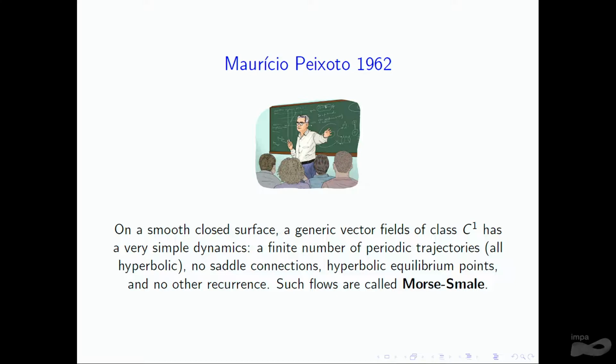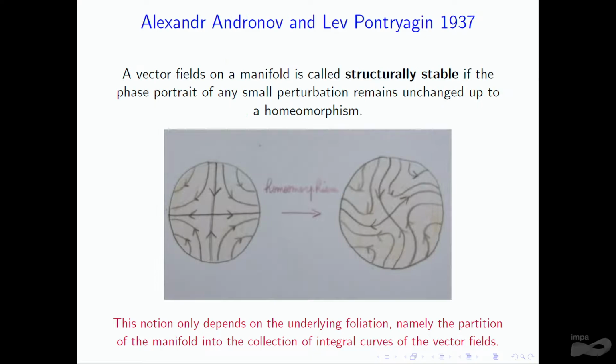And in fact, he also proved another result, which is extremely interesting, which is that these systems are what we call structurally stable. The definition of structural stability goes back to 30 years before, to two Russian mathematicians, Andronov and Pontryagin.